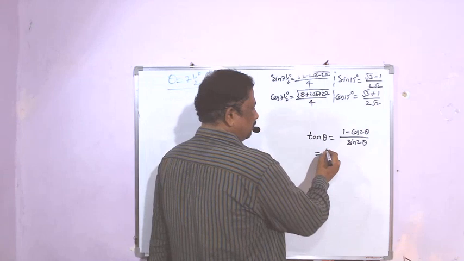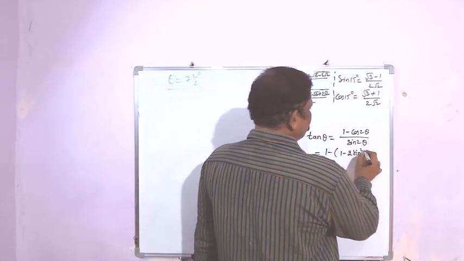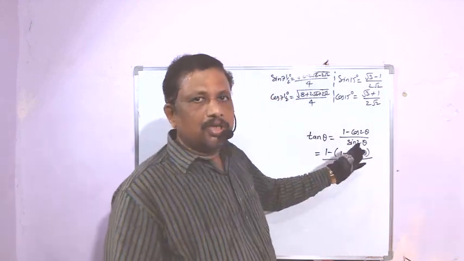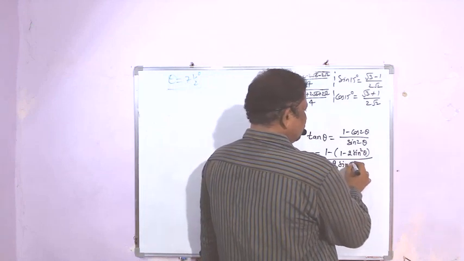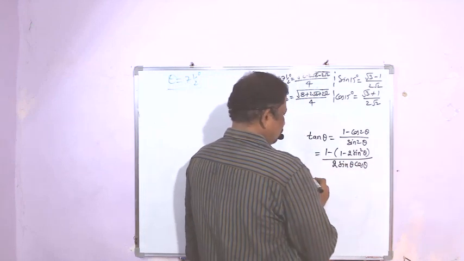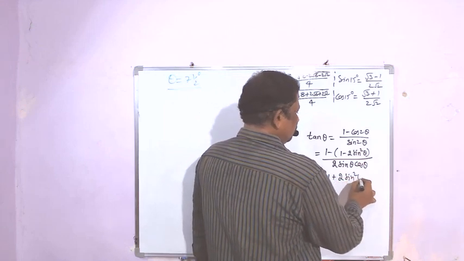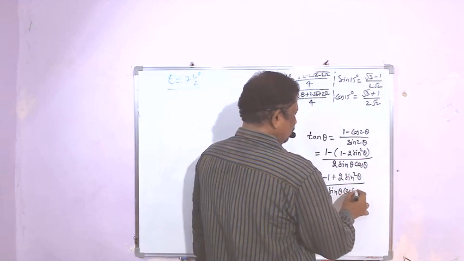So in terms of sin, if you write, it means 2 sin square theta. Here sin 2 theta formula is 2 sin theta into cos theta. Now simplify it. 1 minus 1 plus 2 sin square theta divided by 2 sin theta into cos theta.